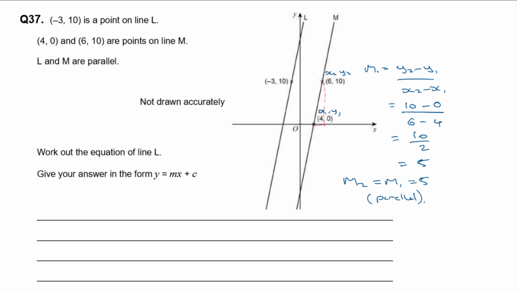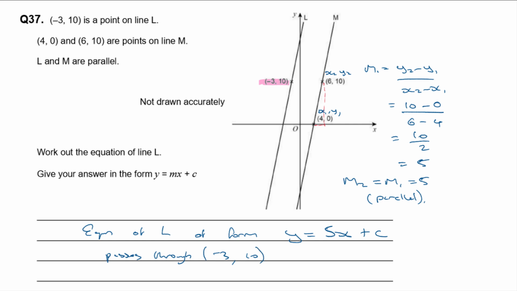So we know the equation of L is going to have 5x in it. So the equation of L is of the form y is equal to 5x plus c, because we know the gradient is 5. Now we know the point that lies on the line is minus 3, 10, so it passes through minus 3, 10.